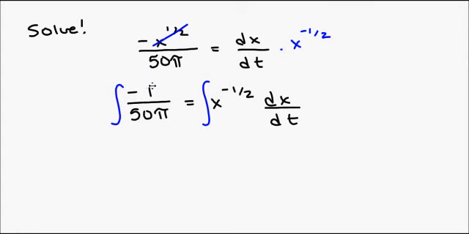And when I'm integrating this over here, I can move, it's one of our rules, my negative to the outside there. Over here, I need to add in my variable of integration. So deriving with respect to t, so we're integrating with respect to t also.